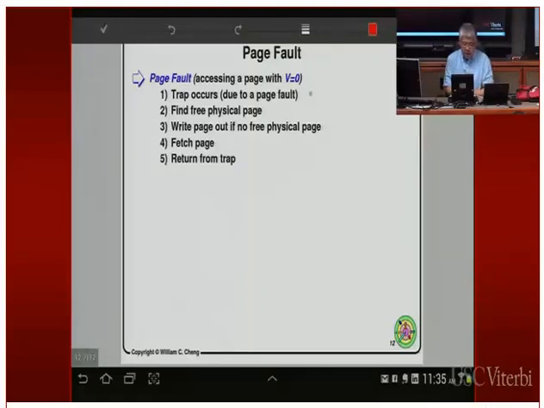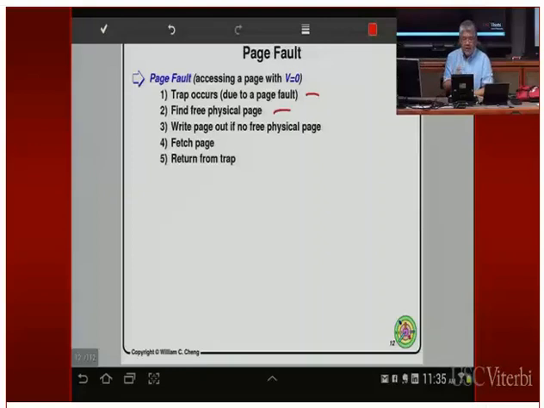Okay? All right, the trap occurs, you find a free physical page. If you cannot find a free physical page, that means all the physical pages are being used. Then you need to apply your replacement policy, decide to take one page and send it out to the disk.